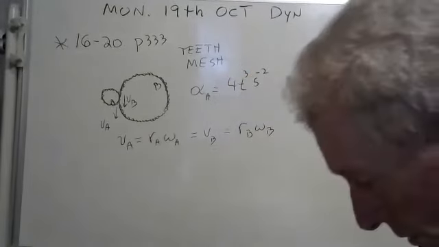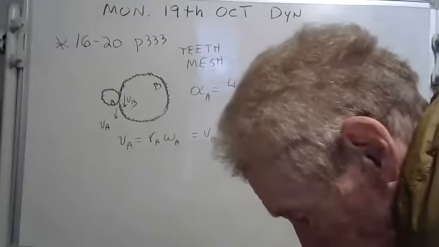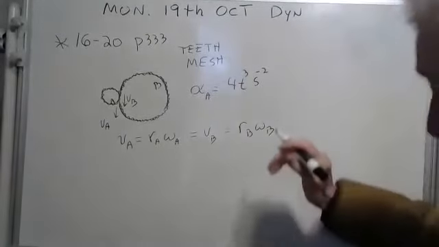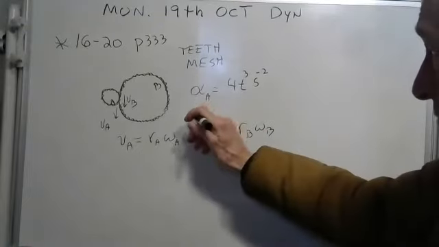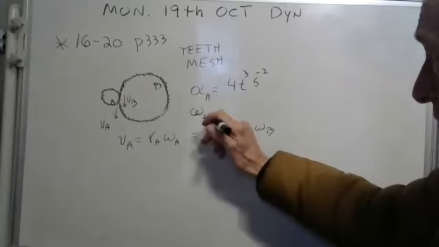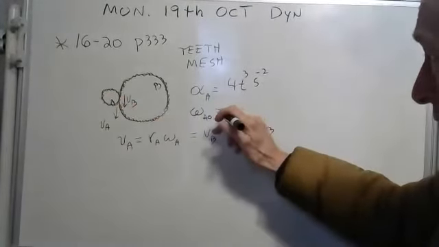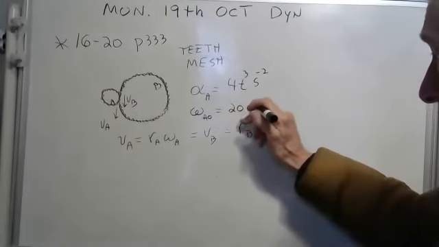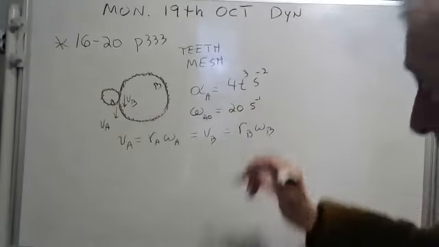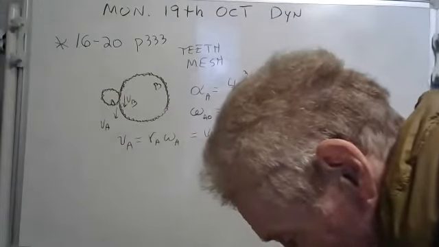There you go. Where t is in seconds. If this gear is initially turning 20 radians per second, let me write that down. The initial angular velocity of A, that's the little pulley, is 20 radians per second, right? Yeah.